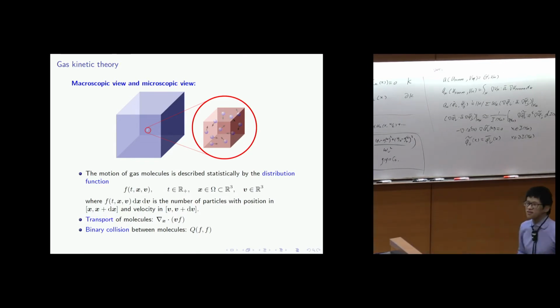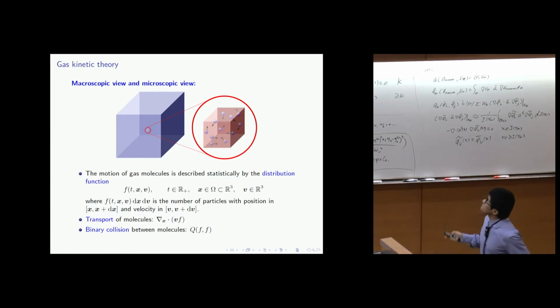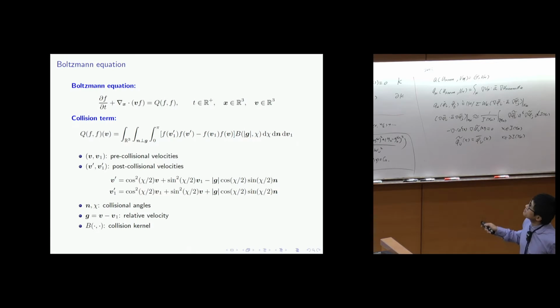So we ignore the effect of this kind of interaction. Therefore, the collision term is a function of f and f. This is just because we only consider binary collision. So this is a bilinear operator, and you will see how this bilinear operator looks.